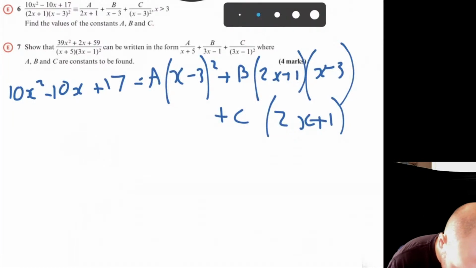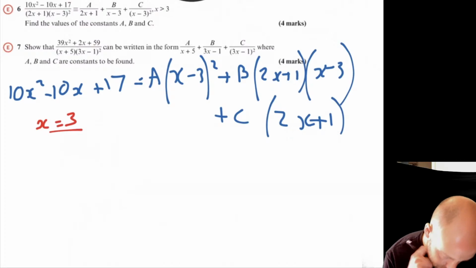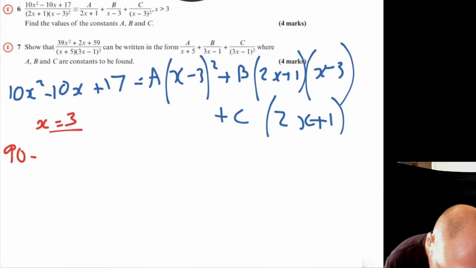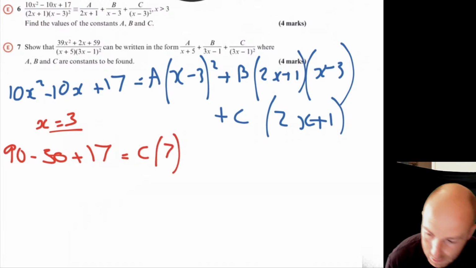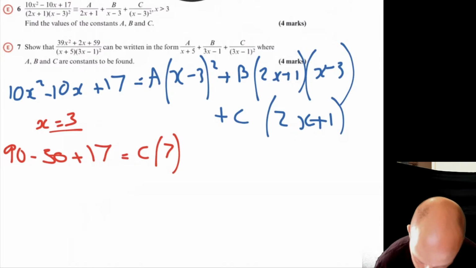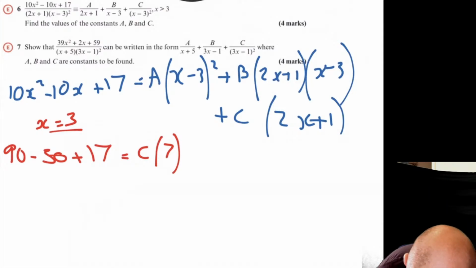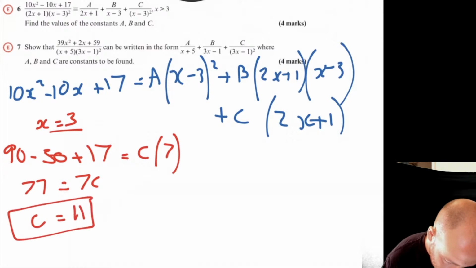So let x equal 3 first of all. So we get 90 minus 30 plus 17. A is going to disappear, B is going to disappear, and we're going to get C times 7. So 77 equals 7C, so C equals 11.